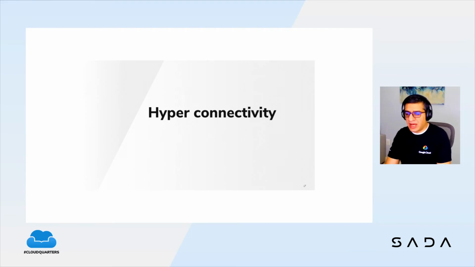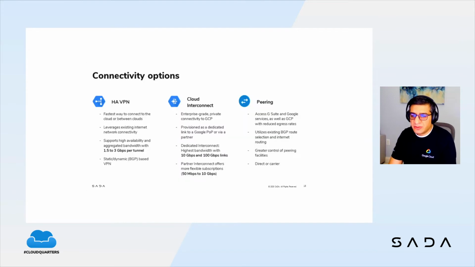Okay, so moving on to hybrid connectivity. Hybrid connectivity is about services that we offer our customers to enable them to access their cloud networks from outside of Google Cloud. Three primary services that we provide for this use case.